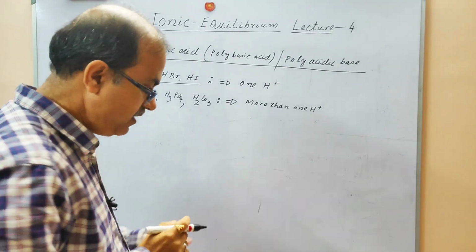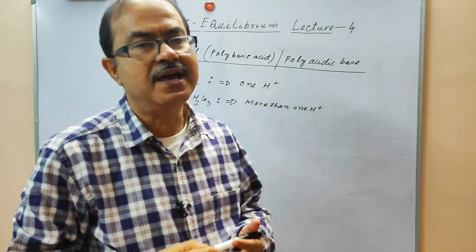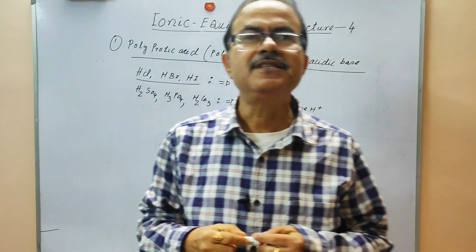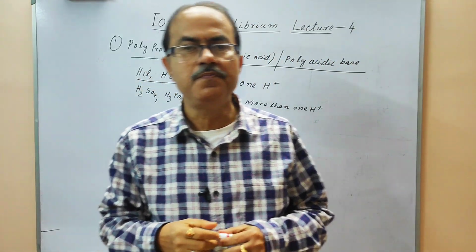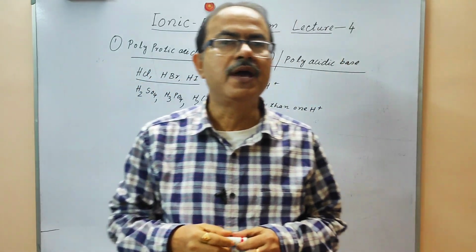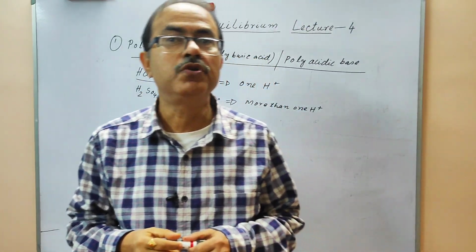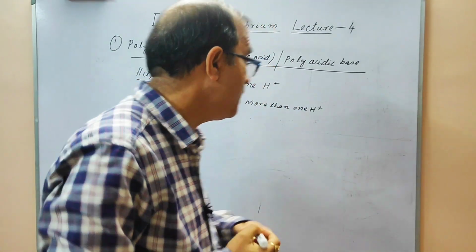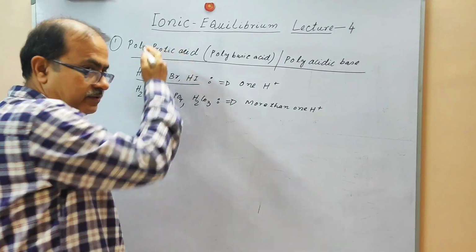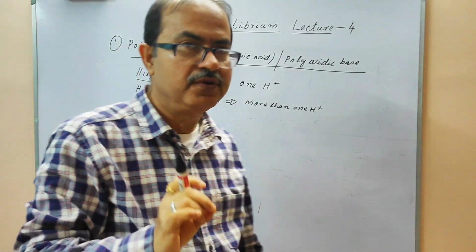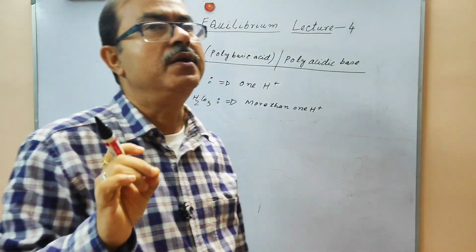So we can define this polybasic acid like this: this acid is going to produce more than one hydrogen, meaning more than one proton. That is why it is called polyprotic, as it will give more than one proton.